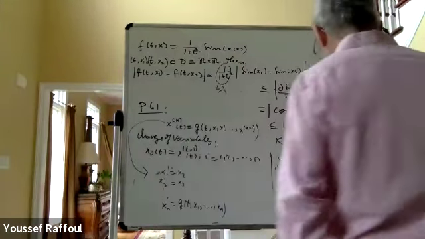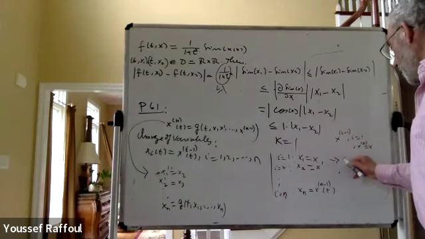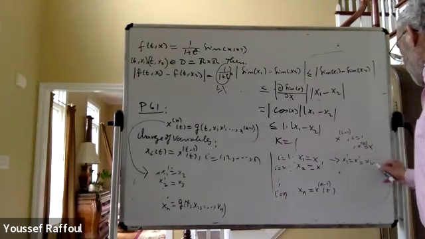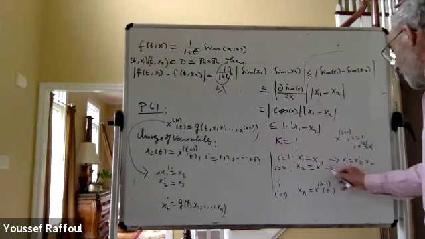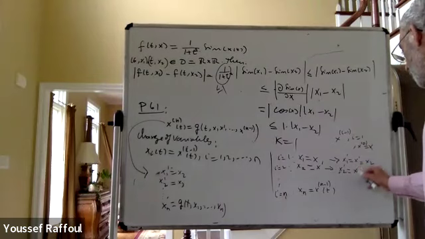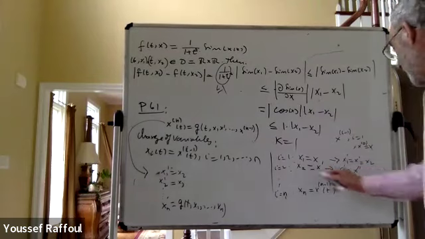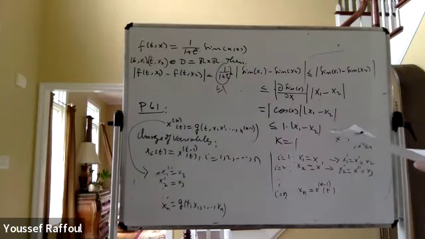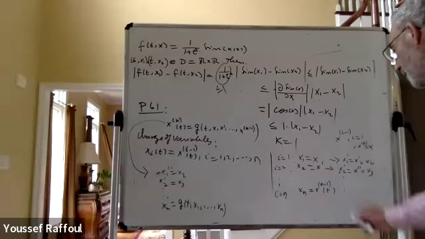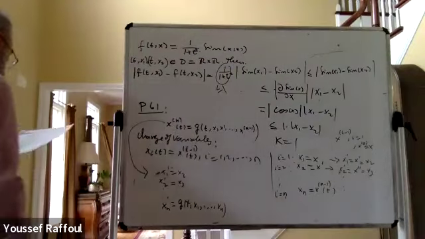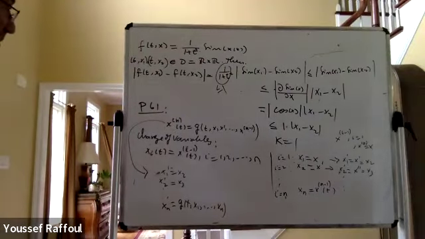Because you see here, x1 prime equal x prime, but that is x2. And same thing here, you look at x2 prime equal to x second, and x second equal to x3. And so forth, and you go down the list.